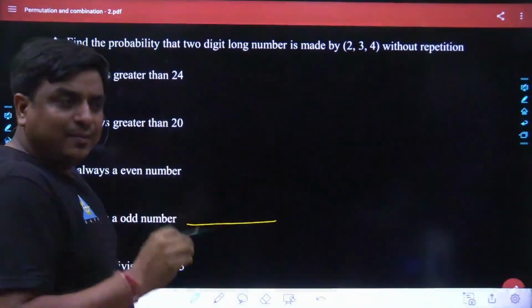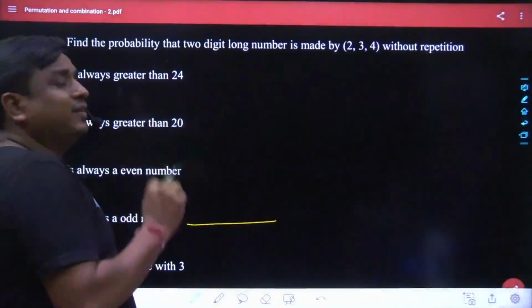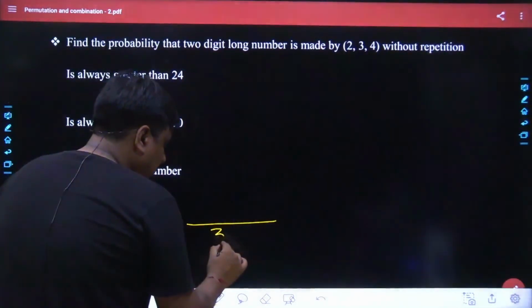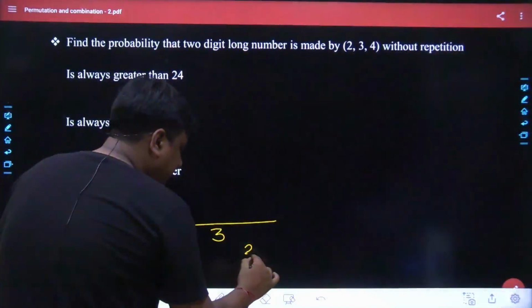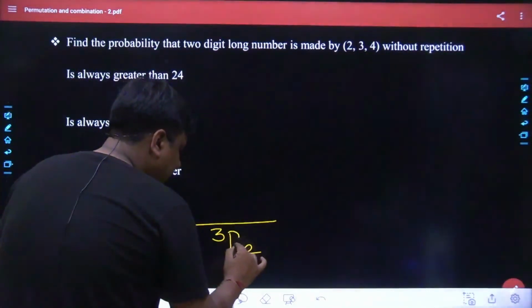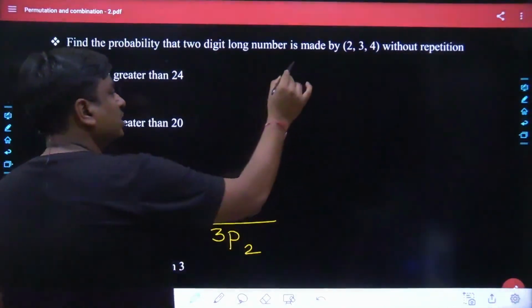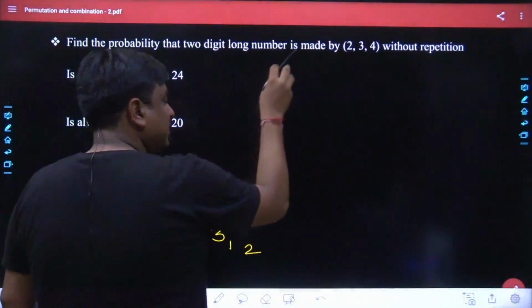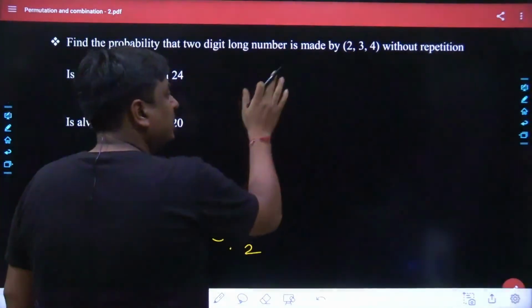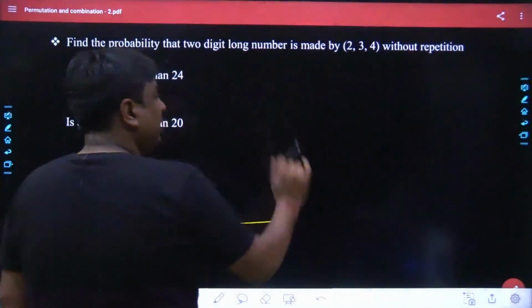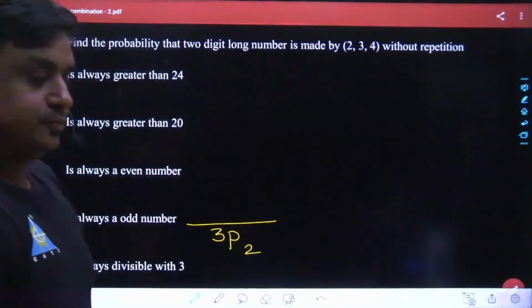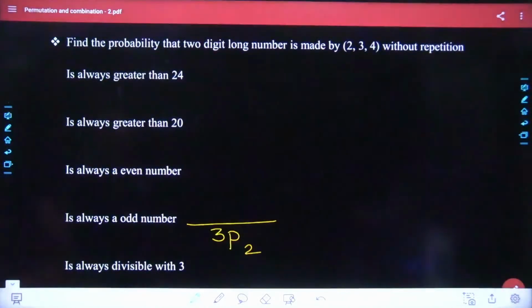So as far as this problem is concerned, towards the denominator side, how many different ways could a 2 digit long number be formed out of 3 digits without repetition? Out of 3 items, 2 items are to be selected, and their ordering does also make sense, because if 2 and 3 had been selected together, if 2 is placed first and 3 is placed second, it makes 23, and if the swapping is made, it makes 32.